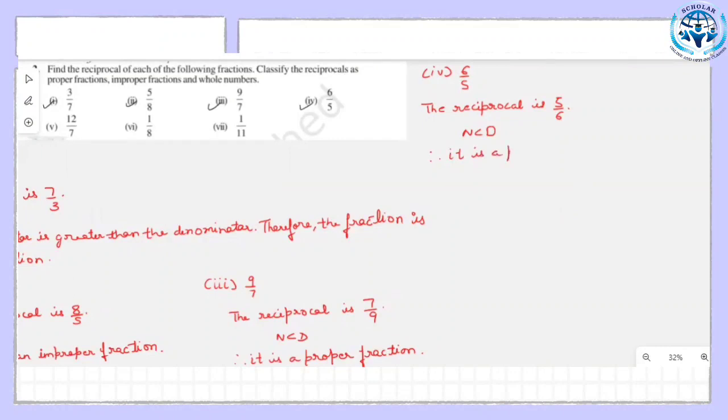Numerator is less than denominator. Twelve by 7, the reciprocal is 7 by 12, which is a proper fraction.